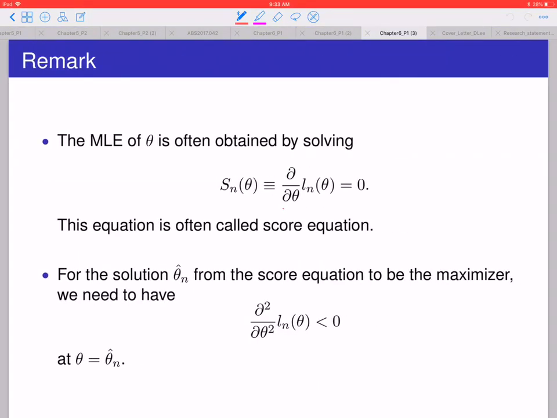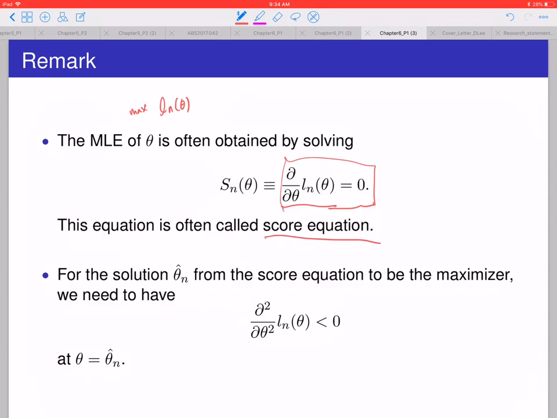Okay, so the MLE is by definition maximizing the log likelihood, which is obtained by differentiating. If you take the partial derivative and set it to 0, then the maximizer will satisfy this equation. That is called the score equation.